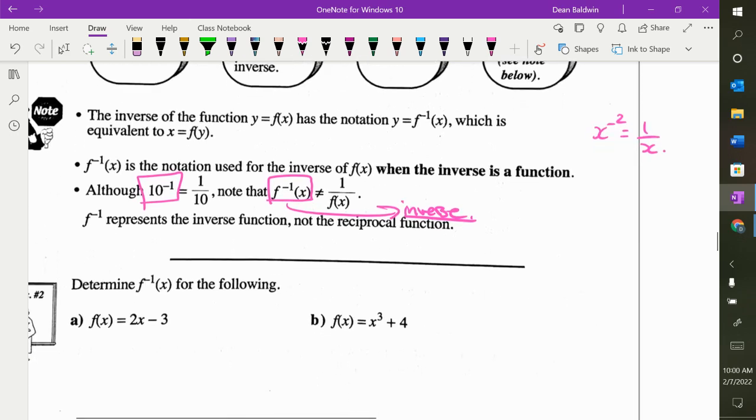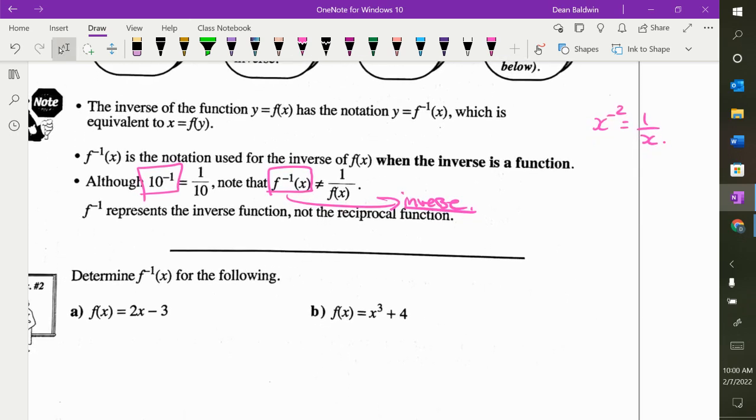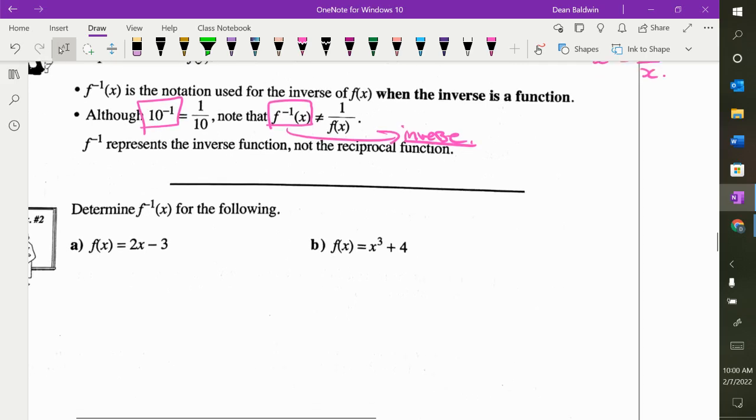All right, so just a quick review of what we did on Friday. On Friday, we were finding the inverse equation, and we did one on the quiz today. So we'll do B. f of x is equal to x cubed plus 4. What do I do? Instead of y equals 2x minus 3, you switch.